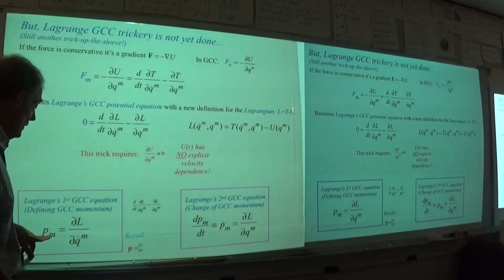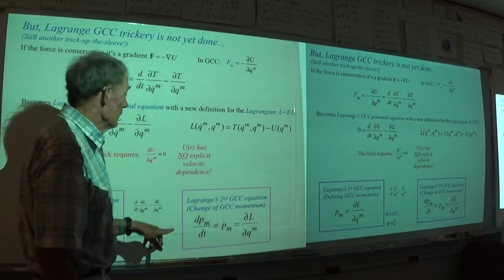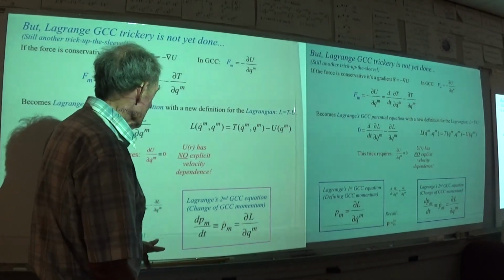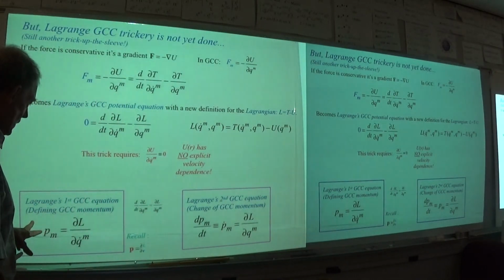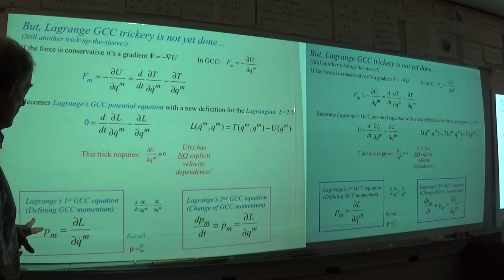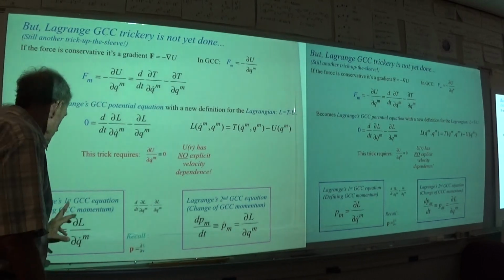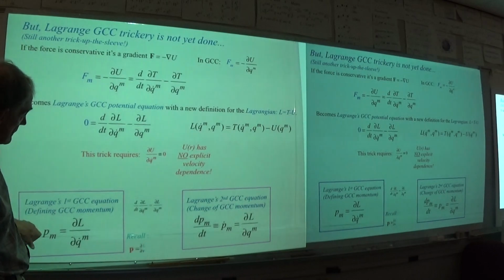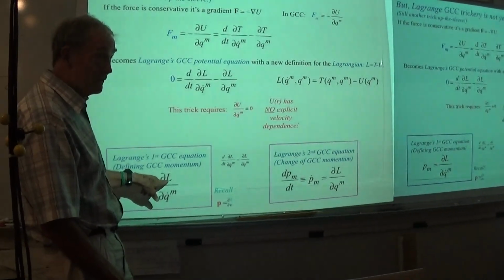Now we've already seen this one. Okay, I'm sorry. We've already seen, let's see if I'm stating it correctly here, the derivative of the kinetic energy, yeah, that's right. This one, this is our first equation here, where the momentum is the velocity gradient of L, right?